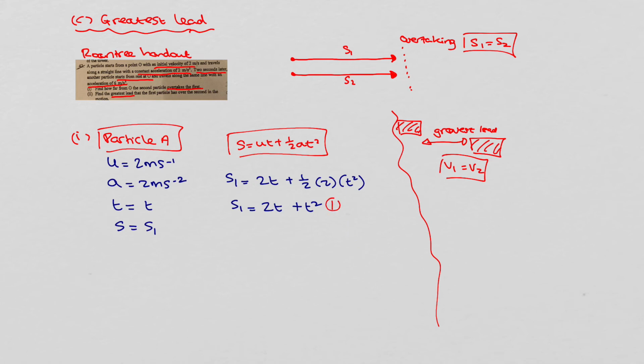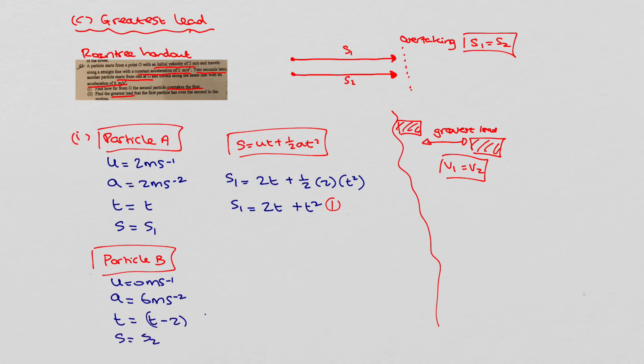So now when we're looking at particle 2, we have to be very careful because it doesn't start at the same time. We know its initial velocity is 0 because it starts from rest. It's accelerating much faster, hence the overtaking, but it starts 2 seconds later, so we have to say it's t minus 2 for its time, and the distance it travels will be called S2.